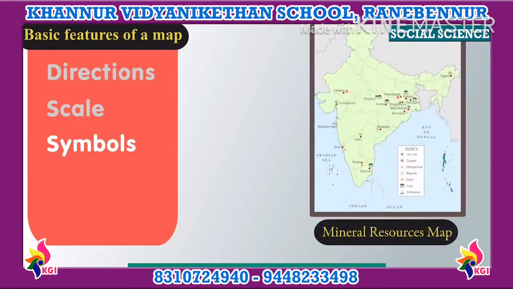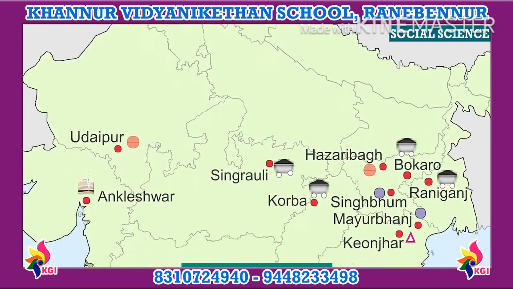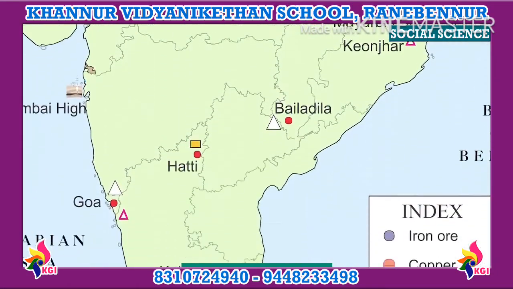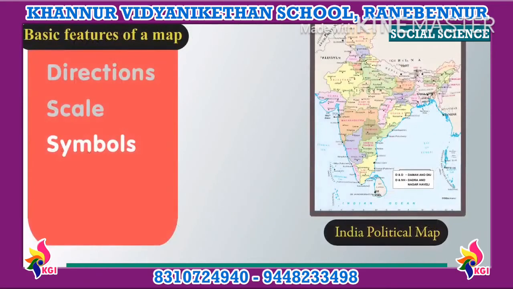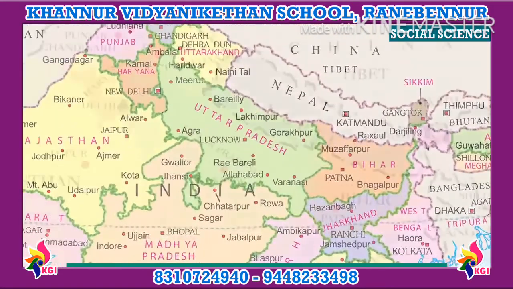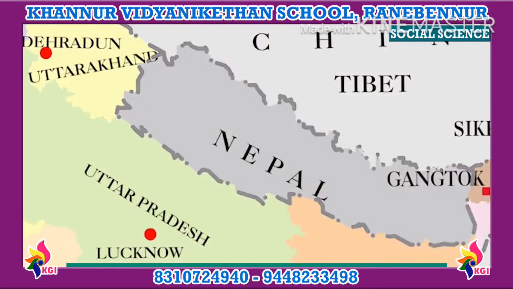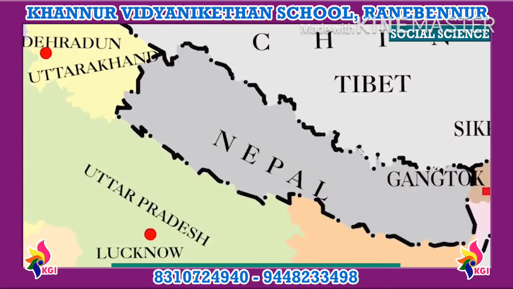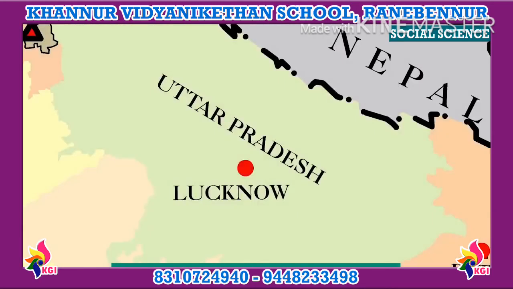You need to see all this information. That is why different symbols are used on a map to give us information about places. For example, the land boundary of a country is shown by thick dashes and dots in black. A city is marked by a small circle.